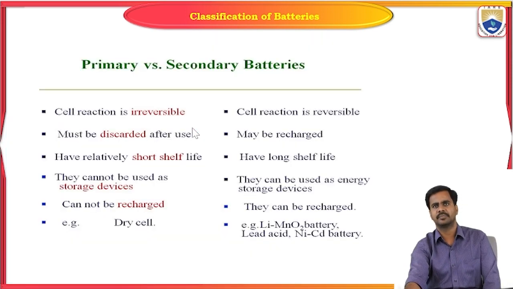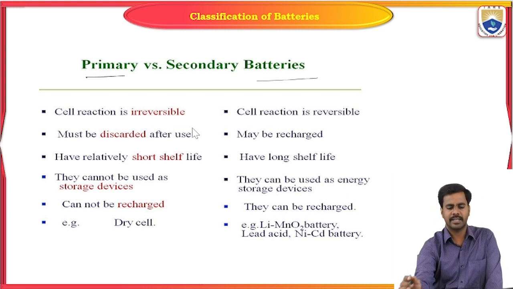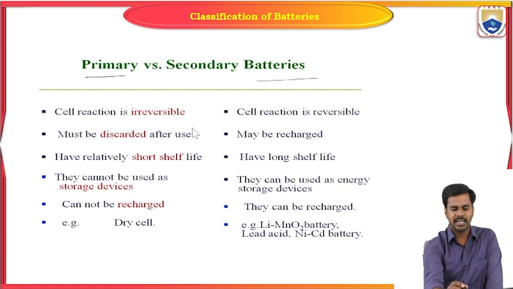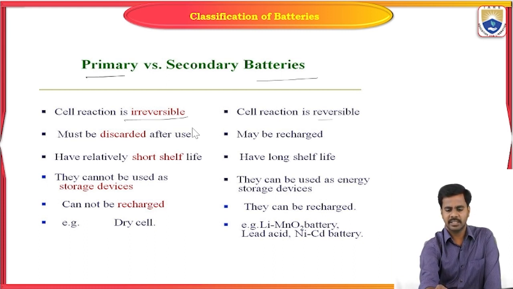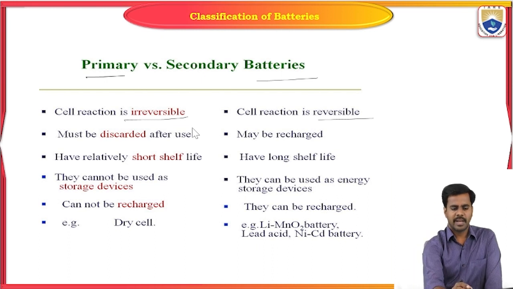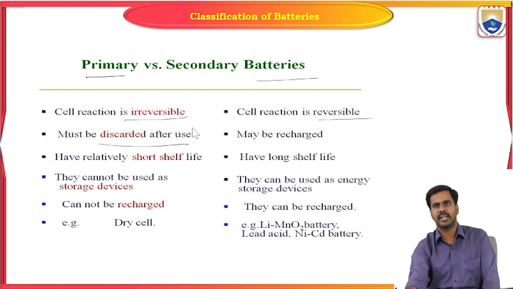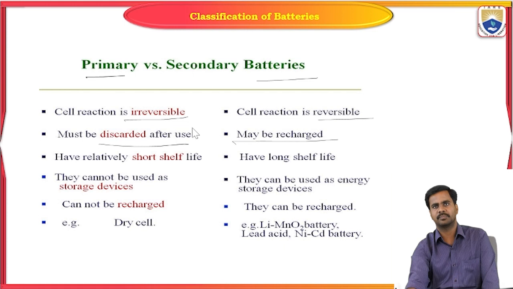Let us see the major differences between the primary batteries and secondary batteries. Coming to the cell reaction, cell reaction in primary batteries is irreversible, whereas cell reaction in secondary batteries is reversible. Primary batteries must be discarded after single usage, whereas secondary batteries can be used a number of times.